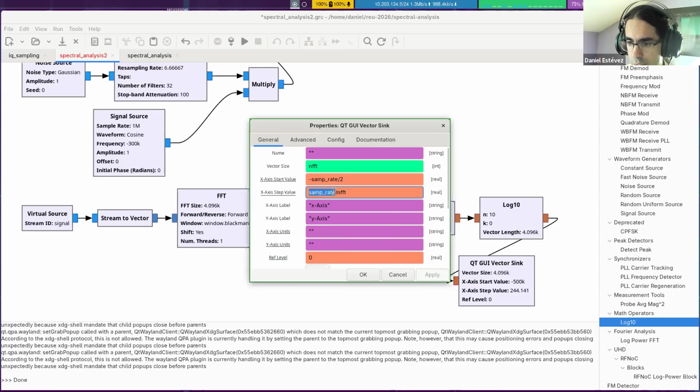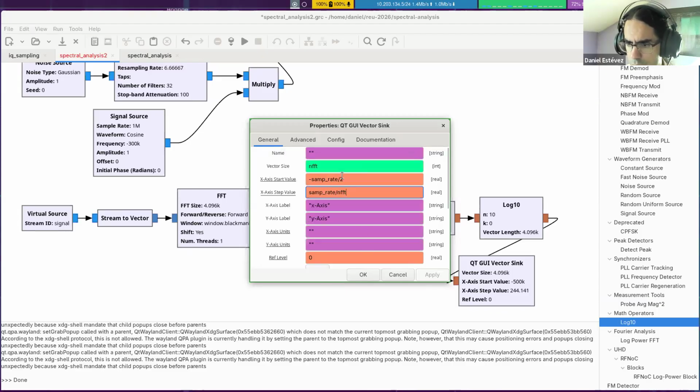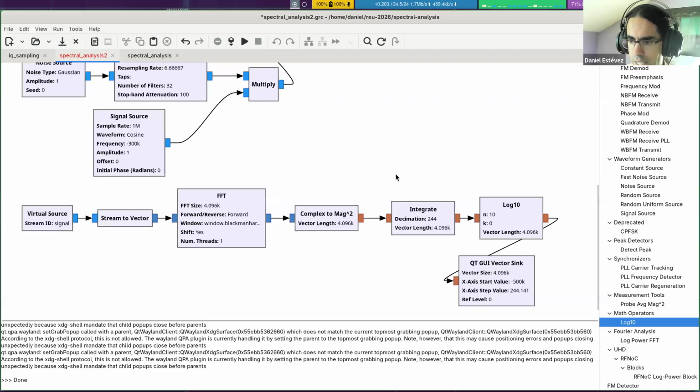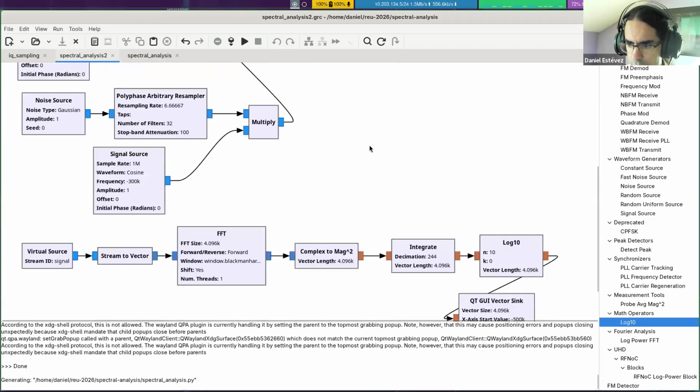Well, the step is the sample rate, which is the whole bandwidth we cover, divided by NF50, which is how many points we have. I think the remaining values are default. So the only thing you need to remember here is how to set the scale for the frequency.